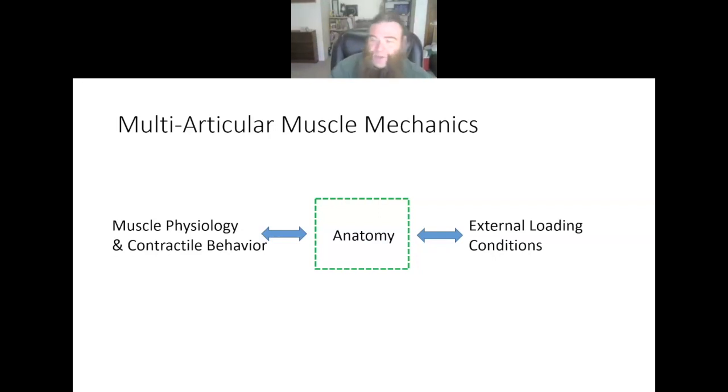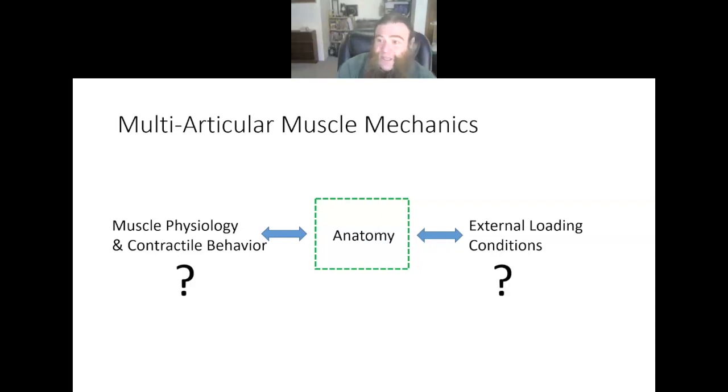The muscle does something that translates into anatomical displacement of the skeleton moving, which in turn relates to external loading conditions, the animal imposing load on the environment, or conversely, the environment imposes some load that's transmitted through the anatomy to here's the per-muscle load.